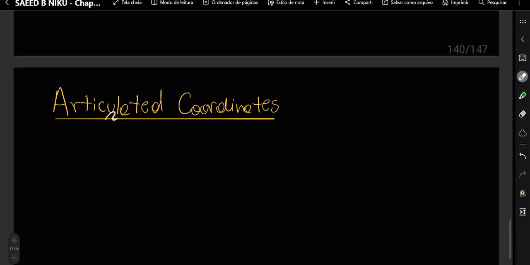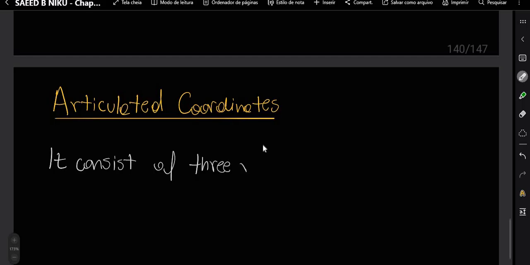It consists of three rotations, and following the book, it says that we will get more deeply into this subject of articulated coordinates further on, when we discuss Denavit-Hartenberg.